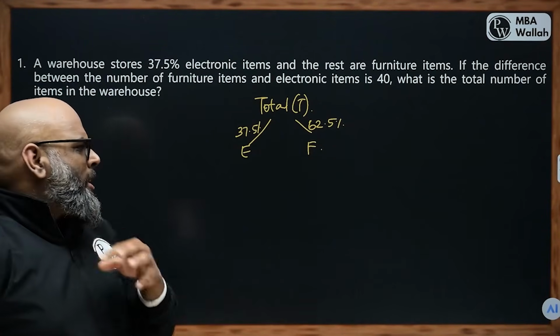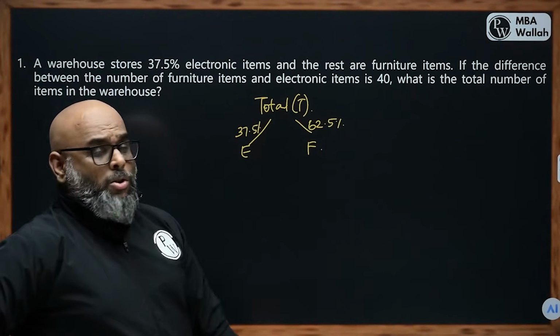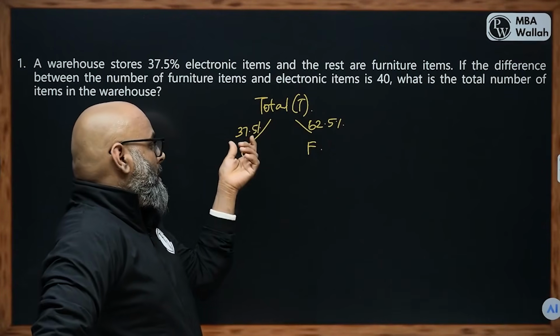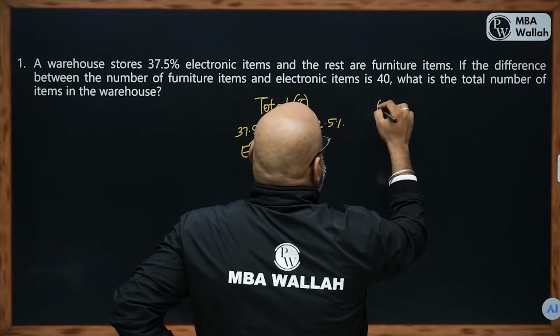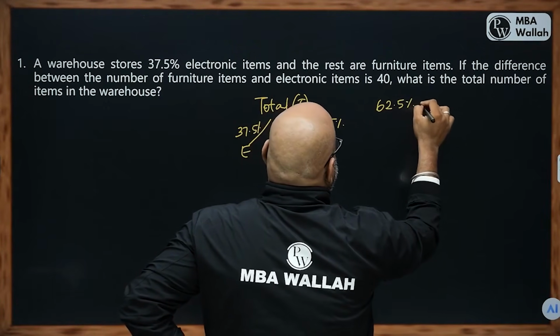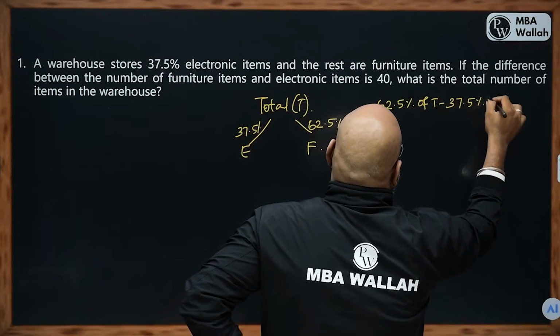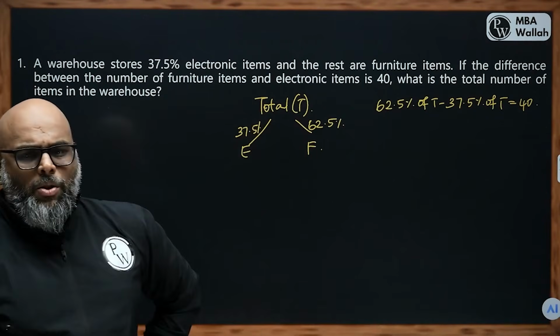Now, the conventional way would be to say the difference between the items is 40. So you'd write 62.5% of T minus 37.5% of T is equal to 40, and then we solve for it.